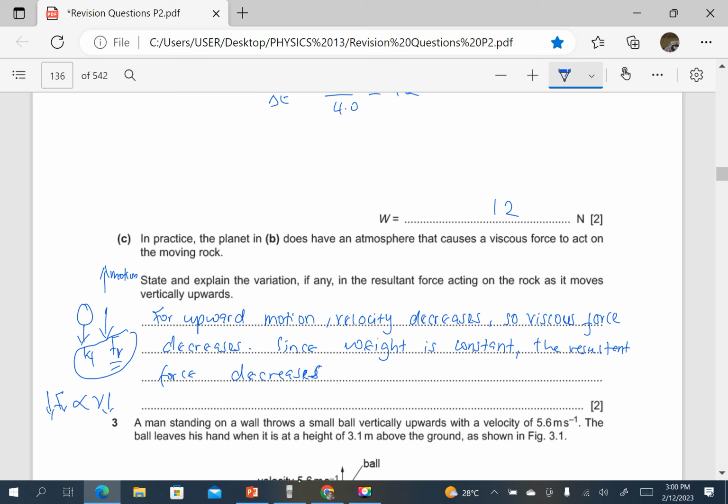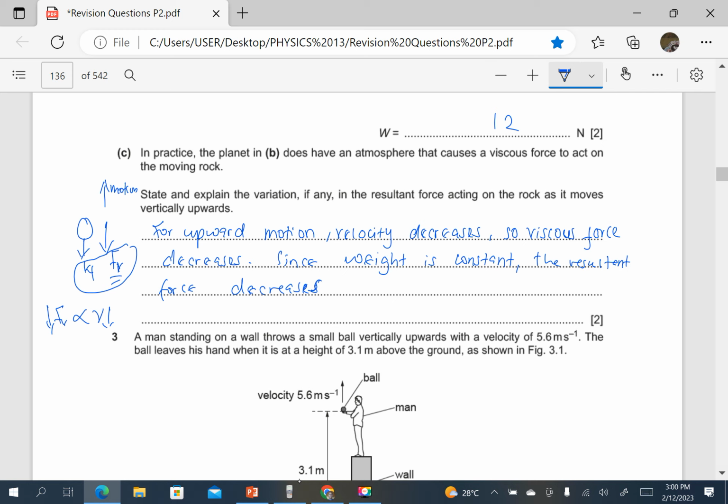If it was falling downwards, then for downward motion the speed is increasing when it is falling, which implies that the viscous force increases. The weight is downwards and the viscous force is upwards, so the motion is downwards.